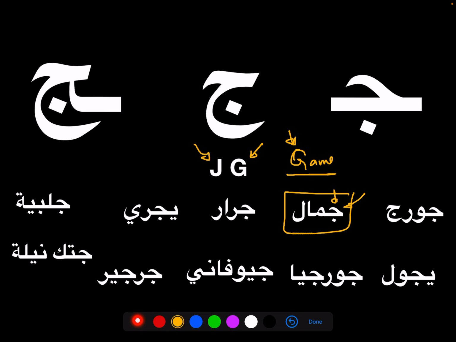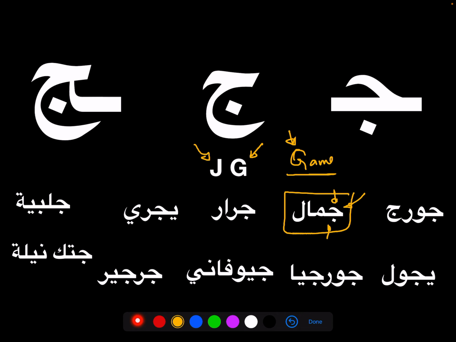So we still have that, and it's usually in Cairo and the northern governorates or cities in Egypt. But in Said, like Upper Egypt, in the south of Egypt, people still say Jamal as well.